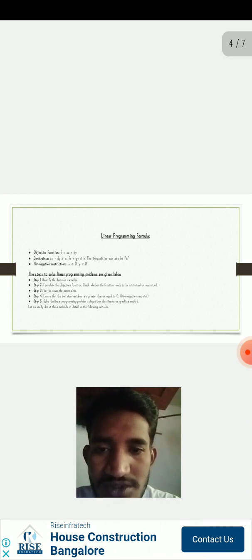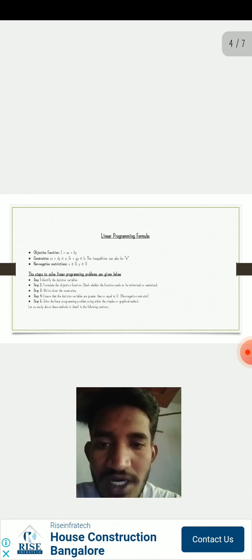The steps to solve the linear programming problems are given below. Step 1, identify the decision variable. Step 2, formulate the objective function. Check whether the function needs to be minimized or maximized. Step 3, write down the constraints.